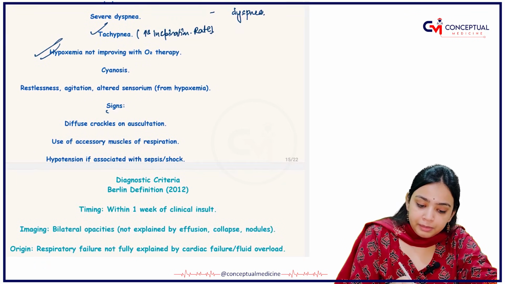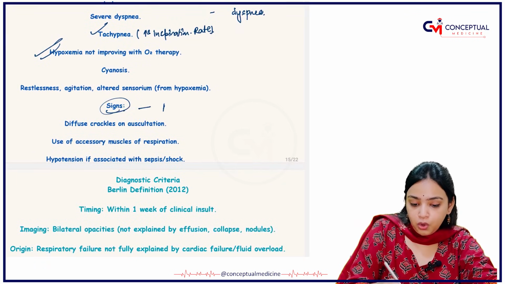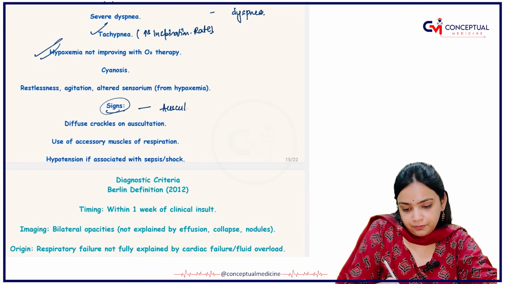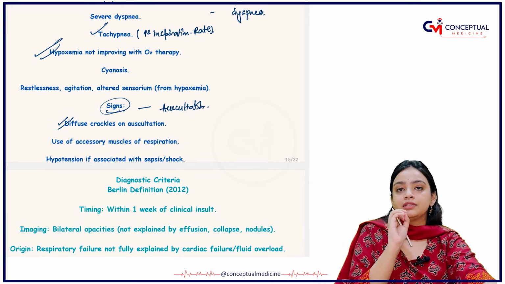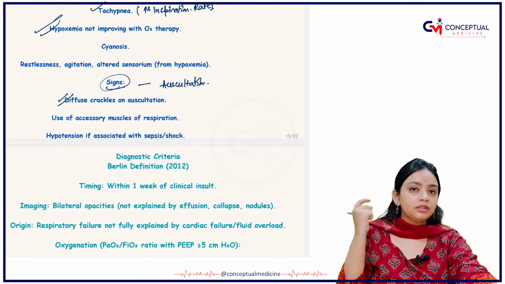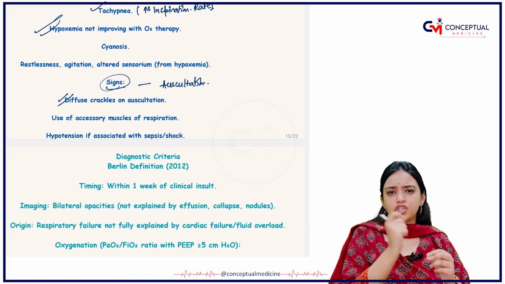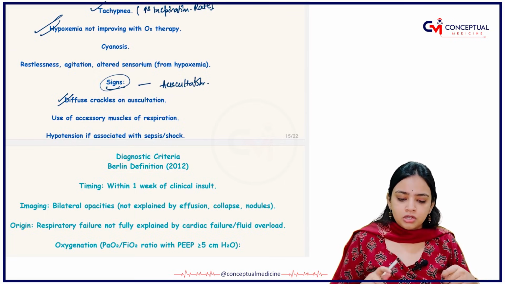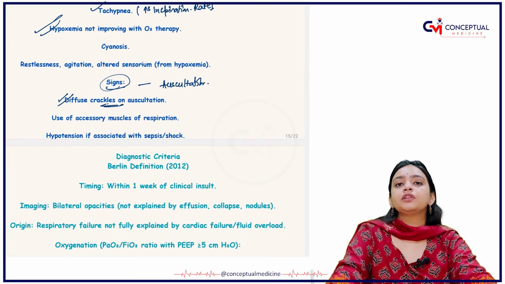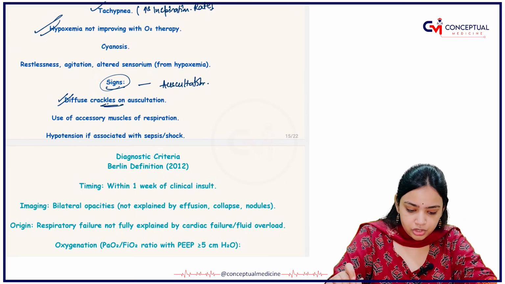But the signs you will be able to appreciate when you do the auscultation. There will be diffuse crackles, just like the sounds you hear of crackles, the pop-up ones. Just like this, you are able to appreciate the crackle sound on auscultation.